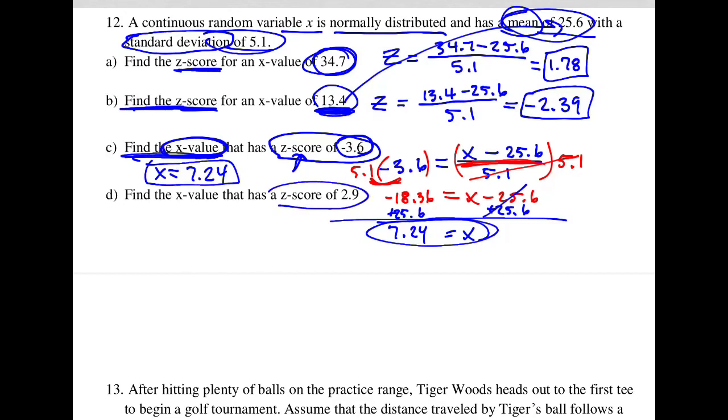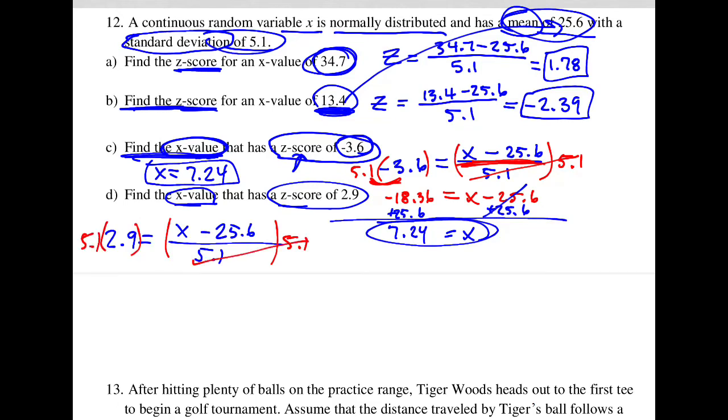All right, so for letter D, very similar. You have the z-score. You're looking for the x value. So I'm going to put the 2.9 where the z goes. I'm going to put x where x goes. Mean is 25.6. Standard deviation is 5.1. So just as before, we're going to get rid of the 5.1 so that you can go up there and work where that x is. So if we do that, we have 5.1 times 2.9, and that gives us 14.79 equal to.